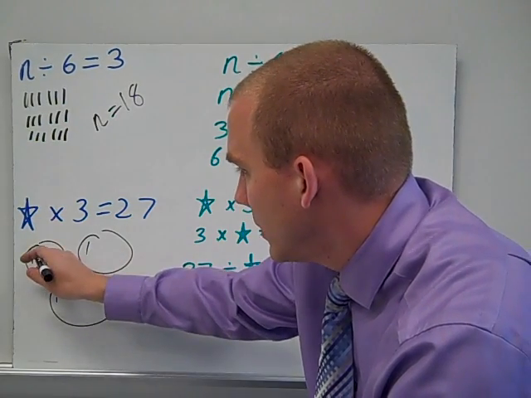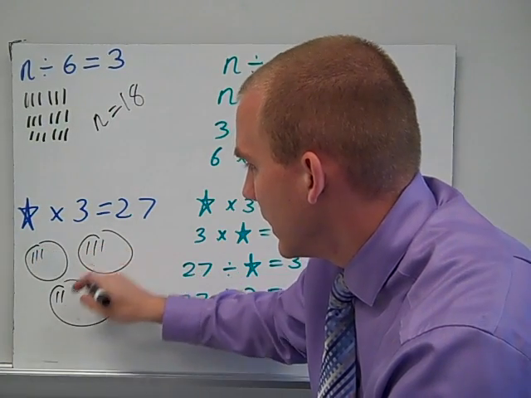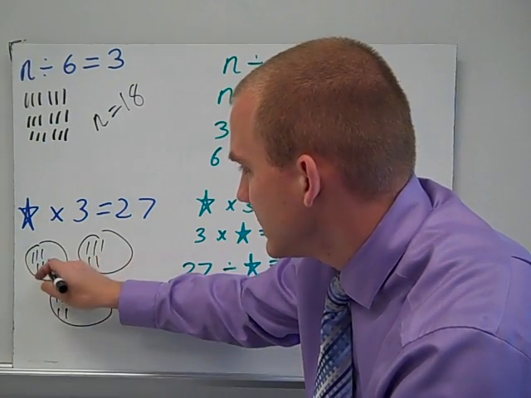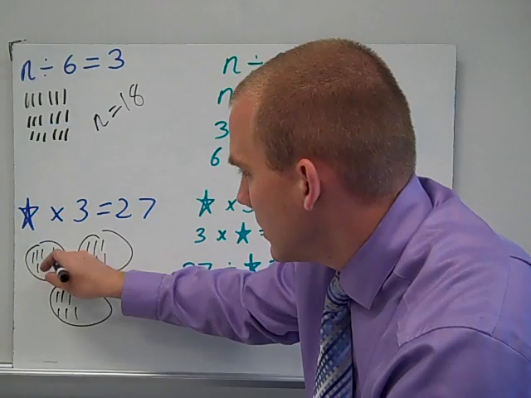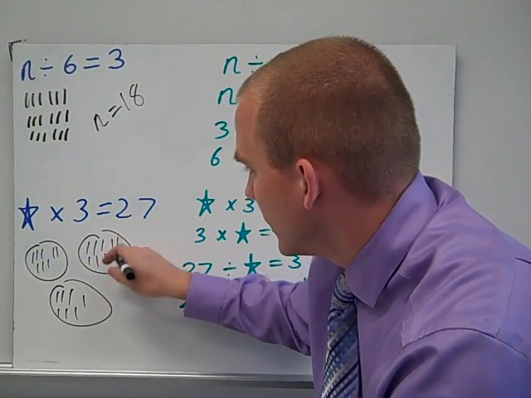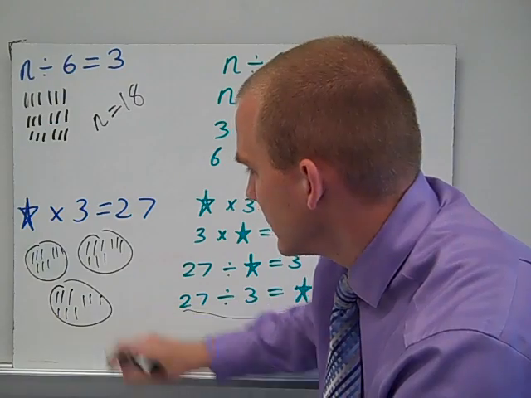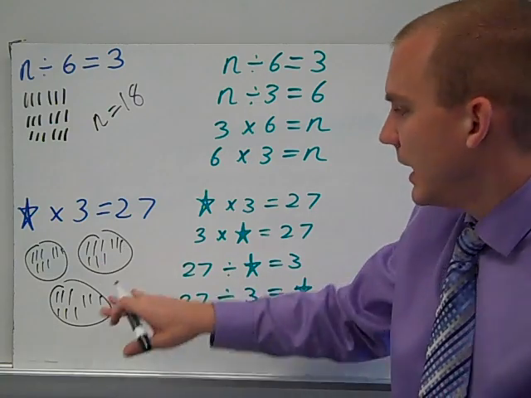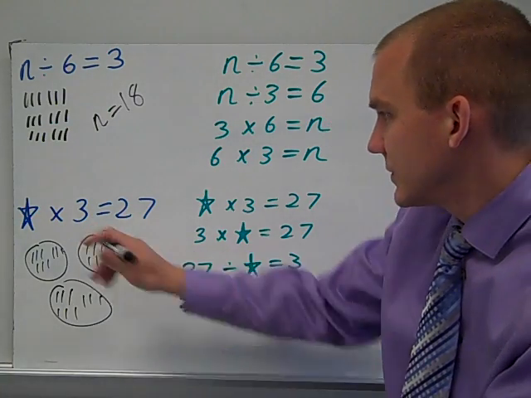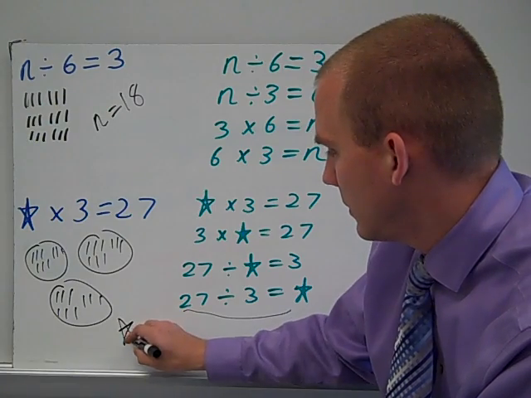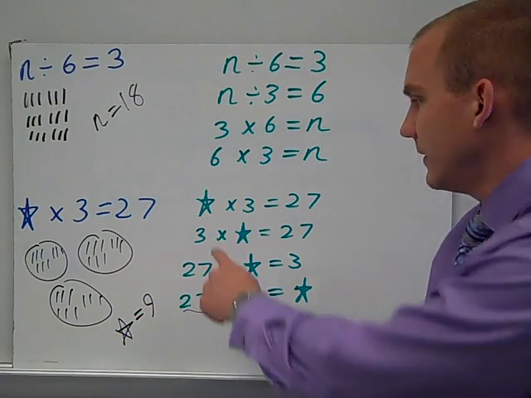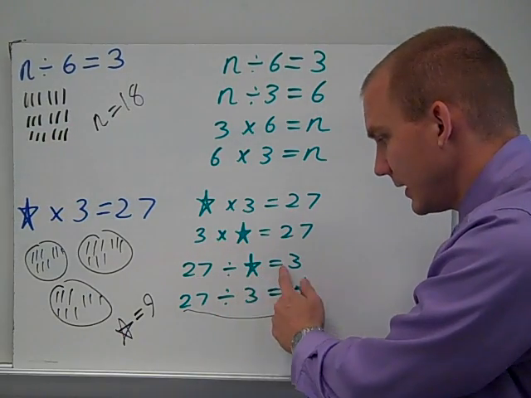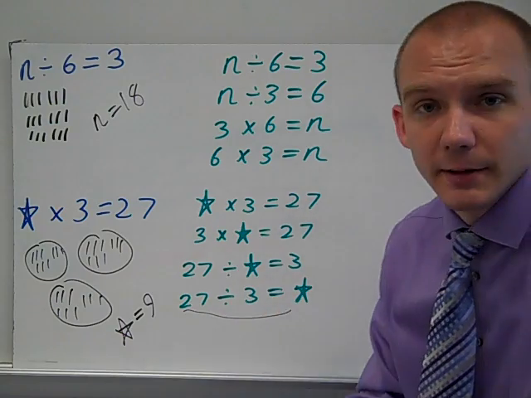I have 9 in each circle, meaning that the star equals 9. And that would fit. 9 times 3 equals 27. 3 times 9 equals 27. 27 divided by 9 equals 3. And 27 divided by 3 equals 9.